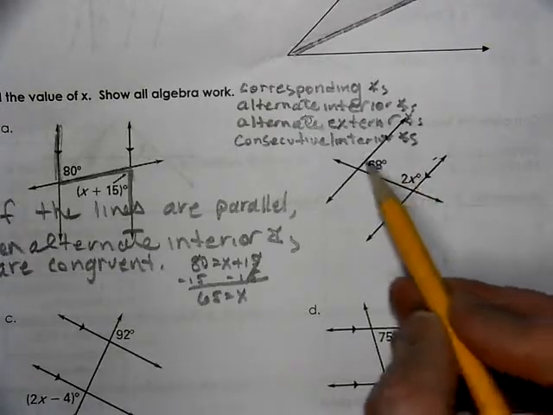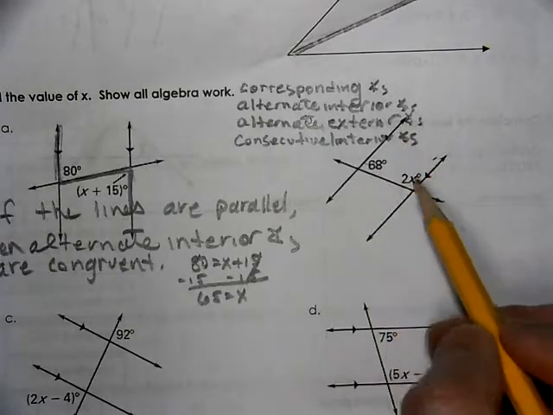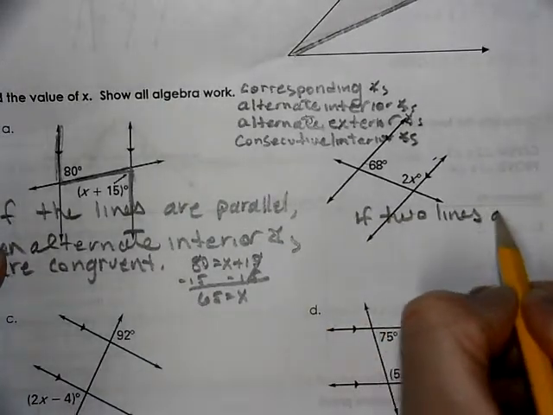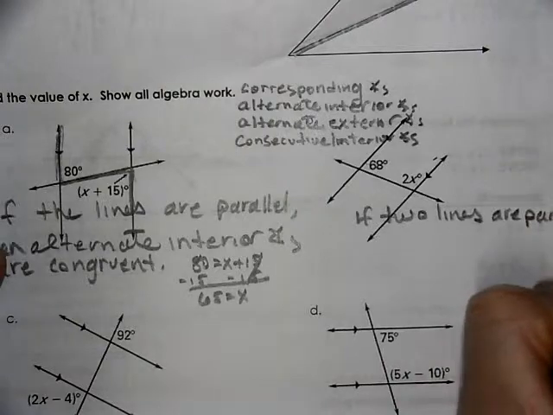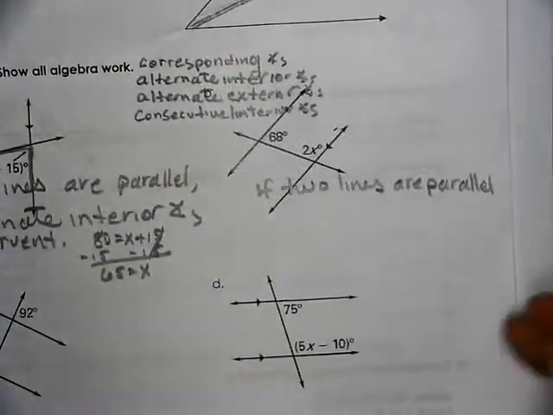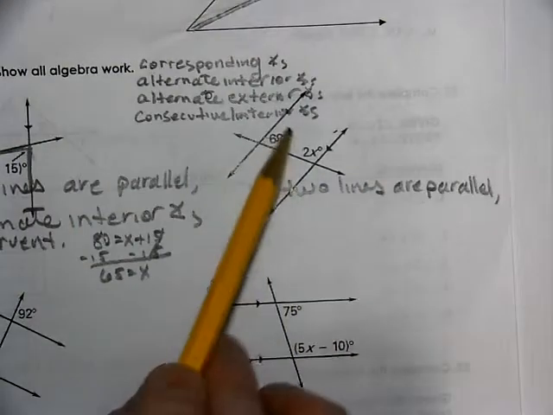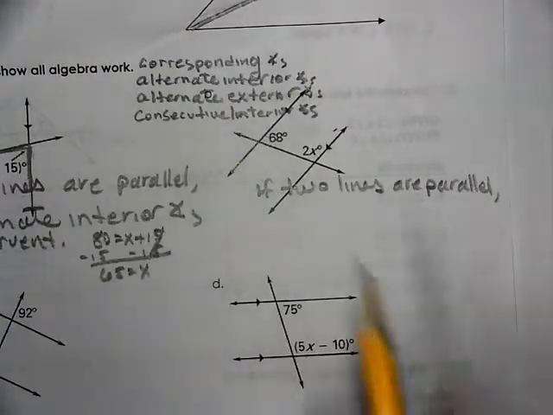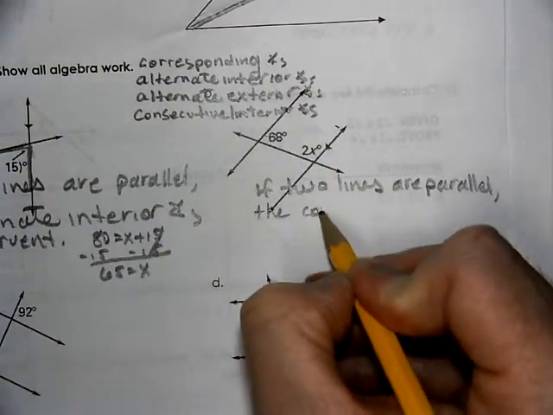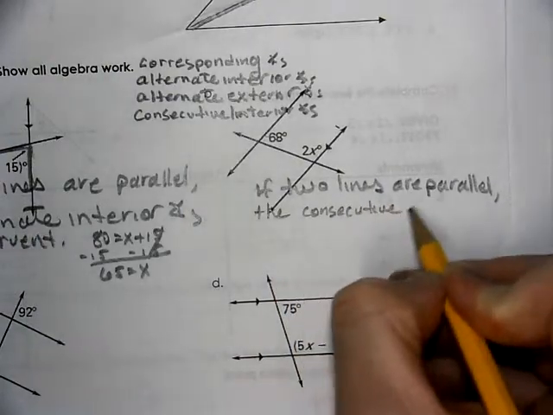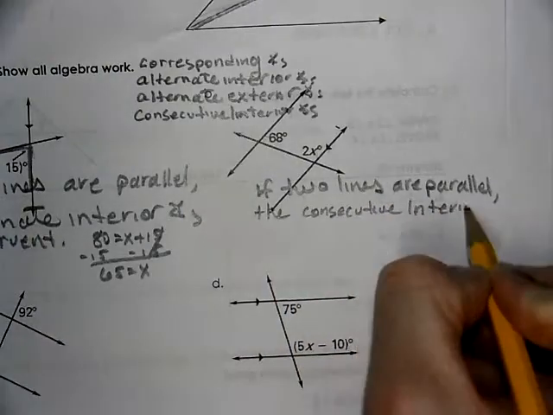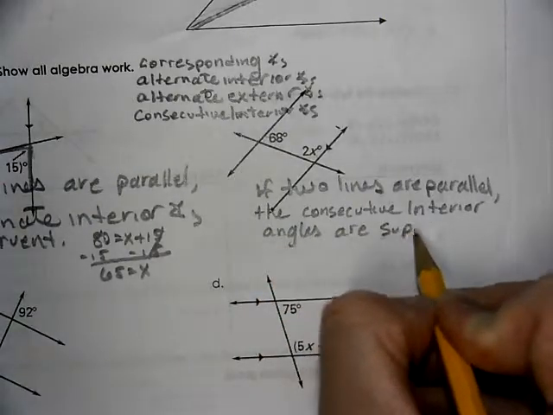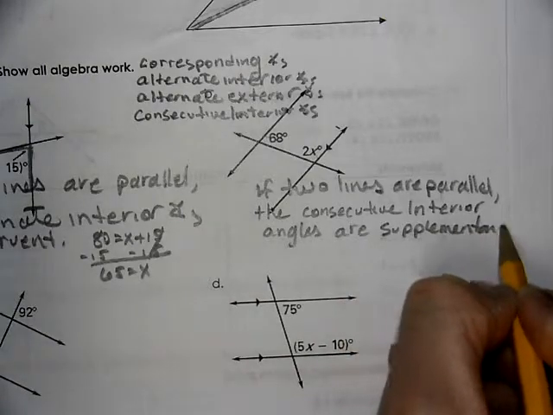On this side, we see consecutive interior angles. If two lines are parallel, which we know these lines are parallel because they have arrows in them, then consecutive interior angles are supplementary.